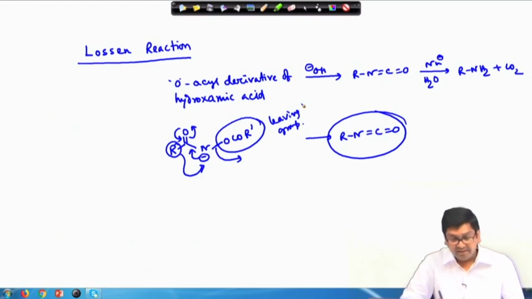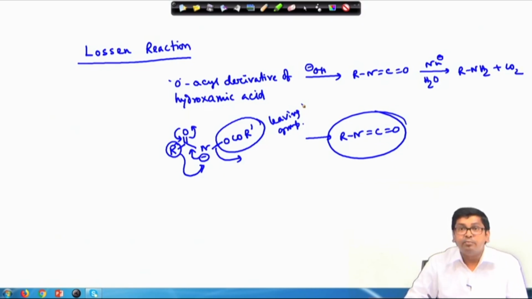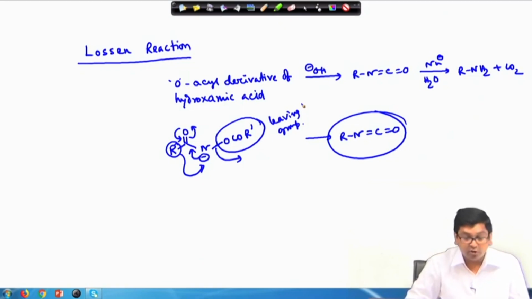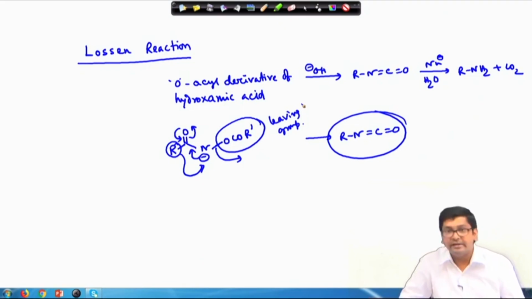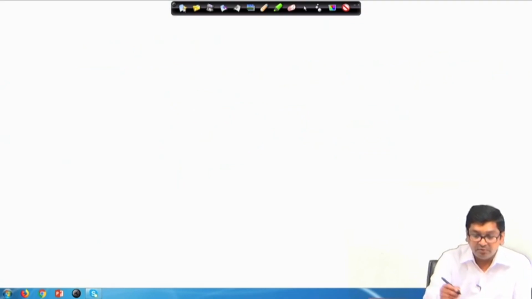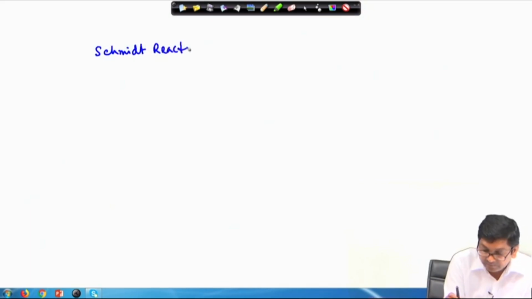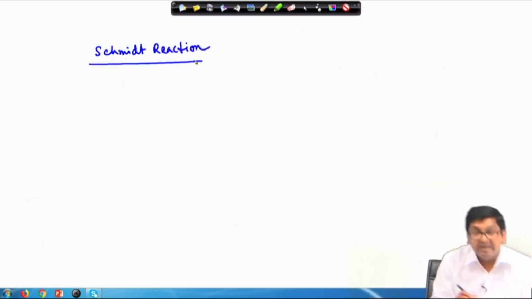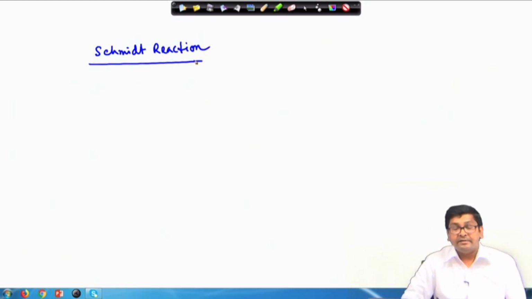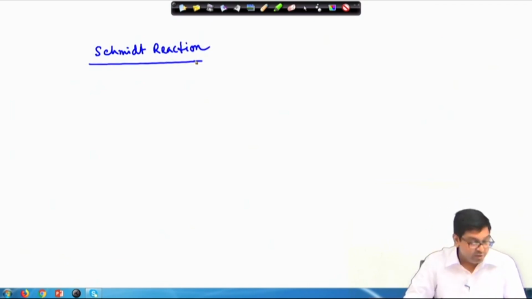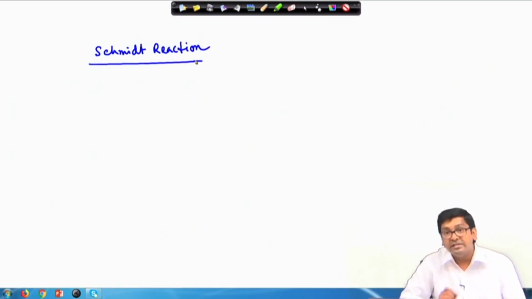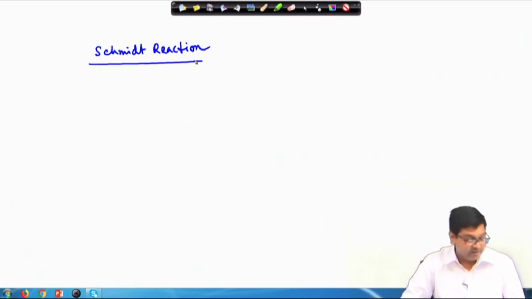Okay. Next we will learn another very important reaction, that is called the Schmidt reaction. This is more like the Curtius reaction, because in the Schmidt rearrangement reaction also the leaving group is nitrogen.